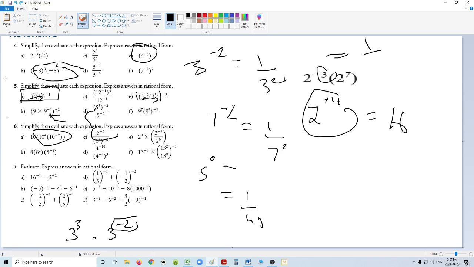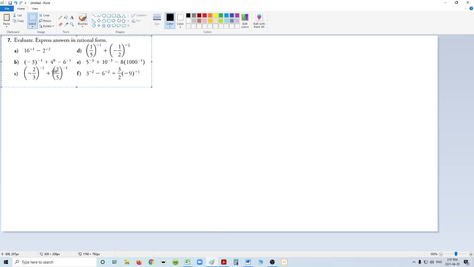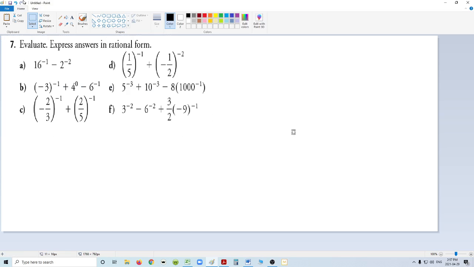Now, these last ones are the trickier ones. So if you look at it, there's nothing you can do with it. Now, it's possible to put them to the same base, but there's no real purpose because they're being subtracted. You could find out how many there are, but the subtraction doesn't really have a rule.